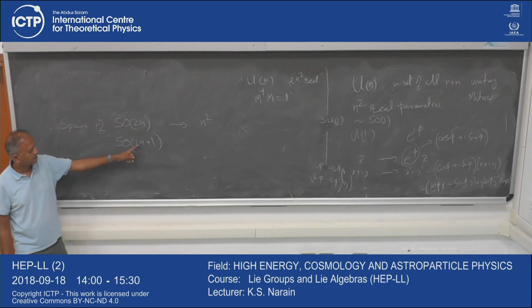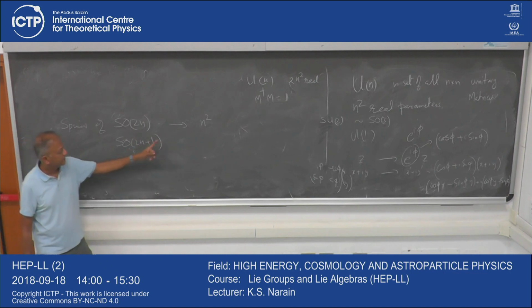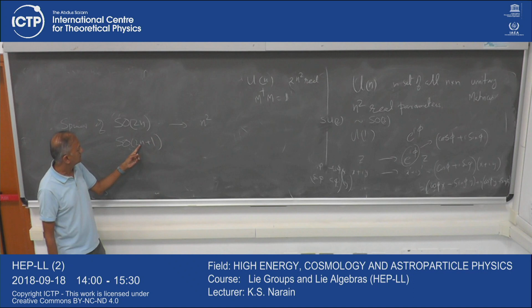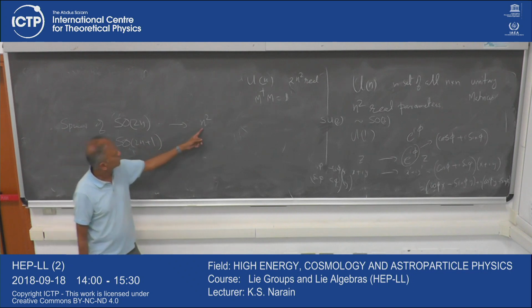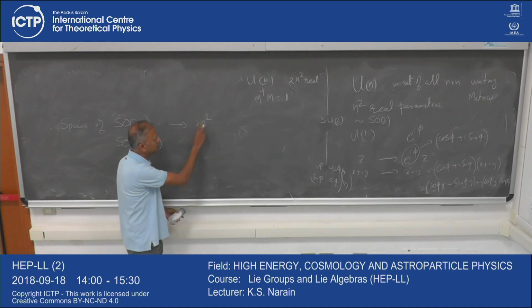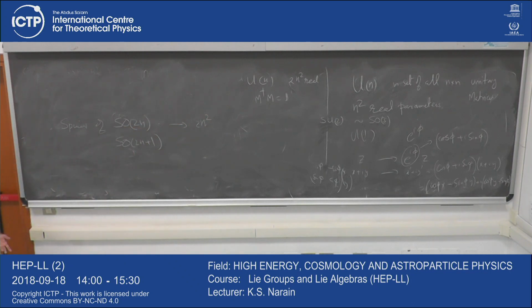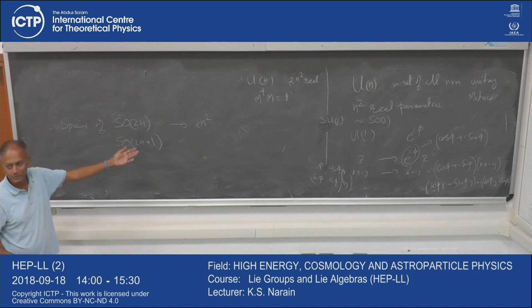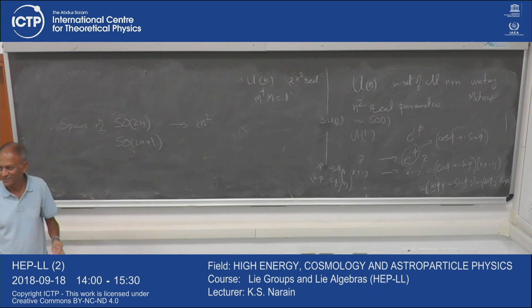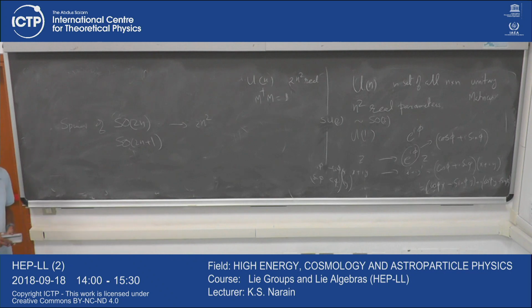So for n equal to 1, you find a two-dimensional representation. But suppose I go to SO5, it will be a 4-dimensional representation, or SO10, it will be a 32-dimensional representation, and so on. So it grows very rapidly.